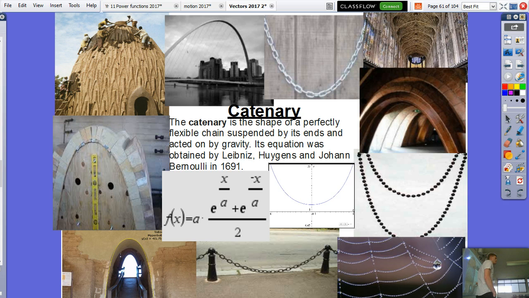Okay, so that's the equation. Make sure you write that down. It's the sum of two exponentials, an exponential function plus an exponential function that's been reflected, and then divided by 2. Now, if you have this factor A in it, essentially it's a weighted catenary such that it's all scaled appropriately.